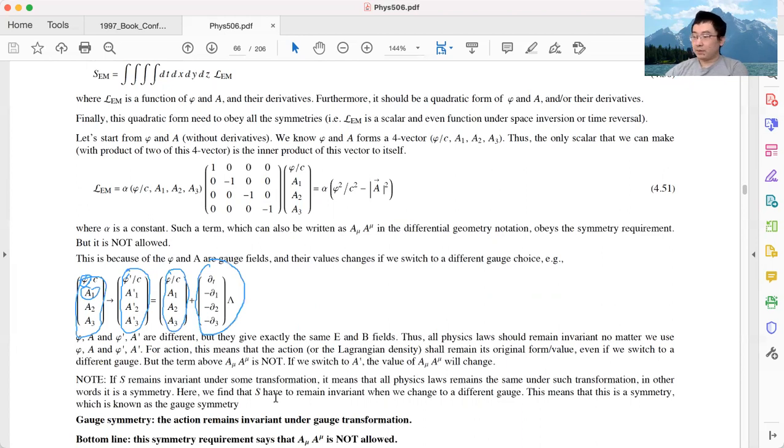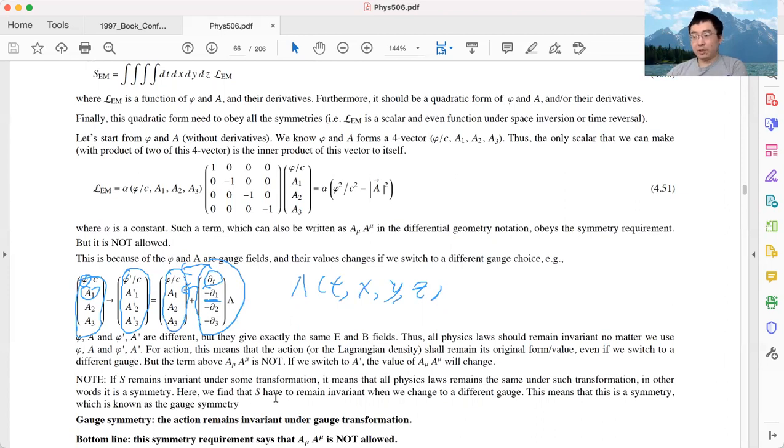Here lambda is an arbitrary scalar function of t, x, y, z. I can take a time derivative and add it to the scalar potential part, and I can take a spatial derivative with a minus sign and add it to the vector potential part. This transformation is called the gauge transformation. It transforms one set of scalar and vector potential to another set.